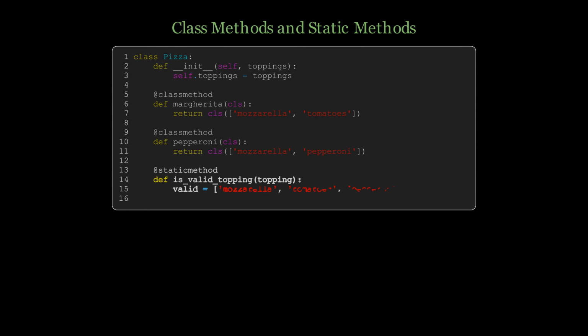Class methods use the classmethod decorator and take cls as the first parameter, representing the class itself. Margherita and pepperoni are factory methods creating specific pizza types. Static methods use staticmethod and take no special first parameter. is_valid_topping is a utility function related to pizzas but not needing instance or class data.